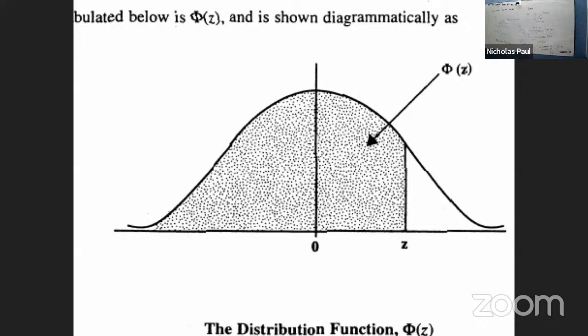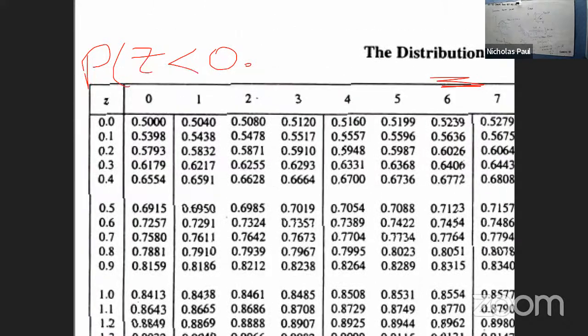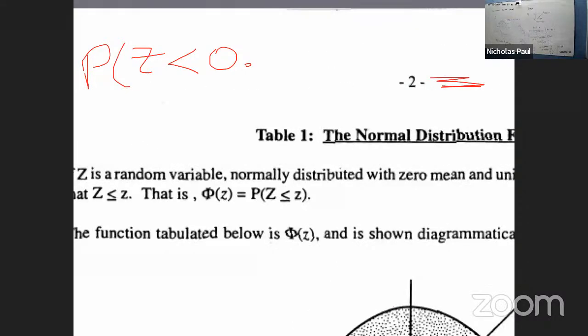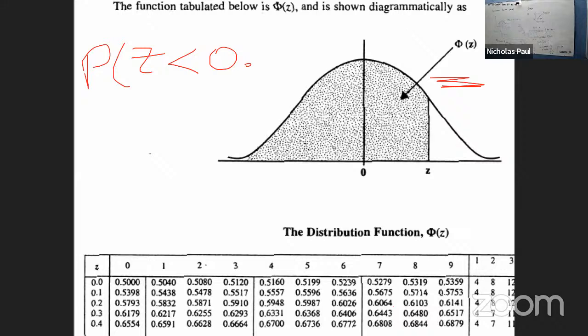Whenever we standardize, we're always going to use this letter Z. So suppose I wanted to find the probability of Z is less than 0.42.